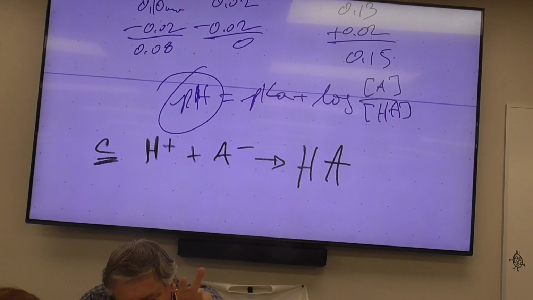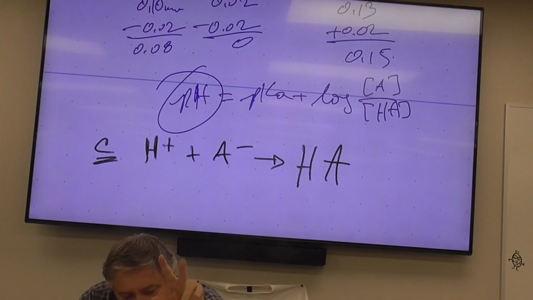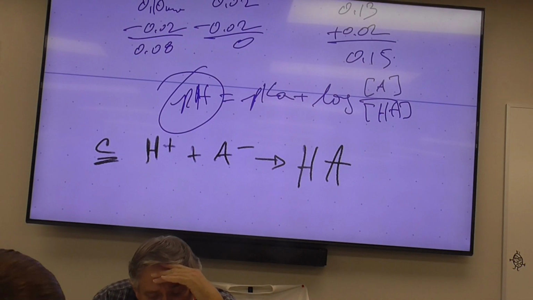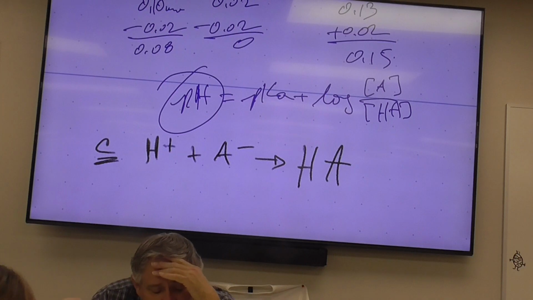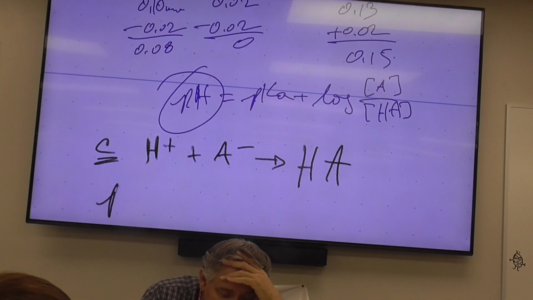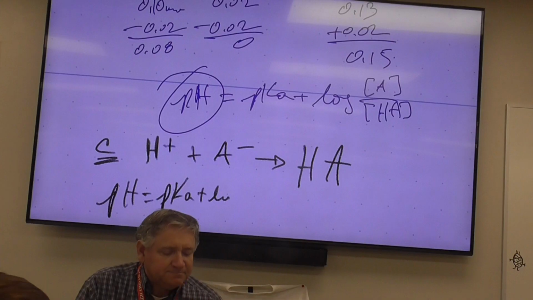So, here's the story. If you look at these possible combinations, you don't want to make this complicated. So, if you look at the Henderson-Hasselbalch equation, pH equaling your pKa plus the log of your anion over your acid, y'all know the drill from there.